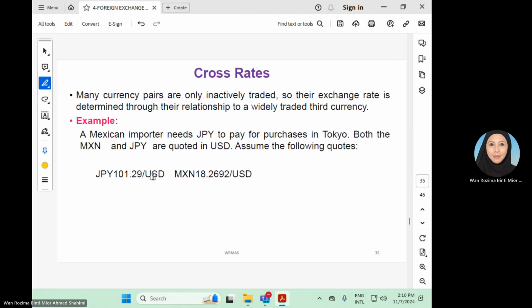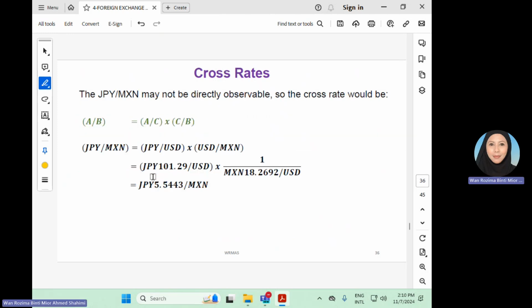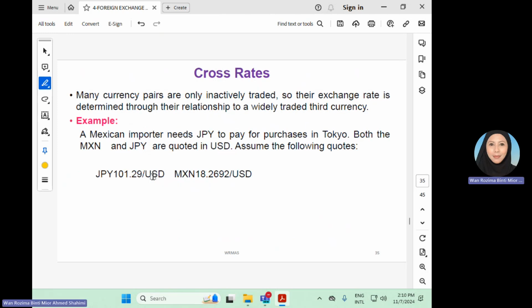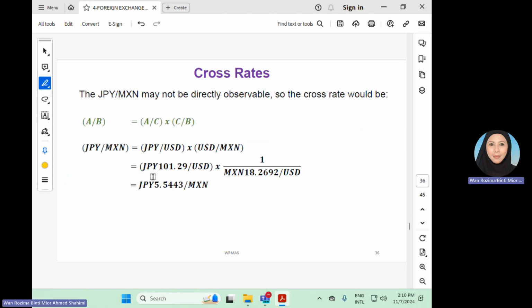Remember, against Mexican peso. But this one is Mexican peso against USD, opposite. So you have to take the reciprocal, 1 over this. Then you will get the third one, Japanese yen against Mexican peso, 5.5443. That's how you cross rates.